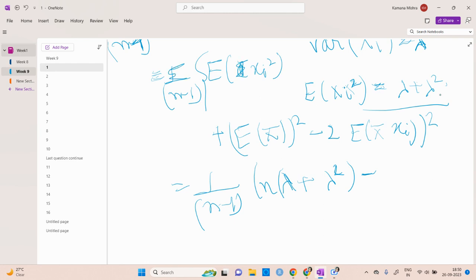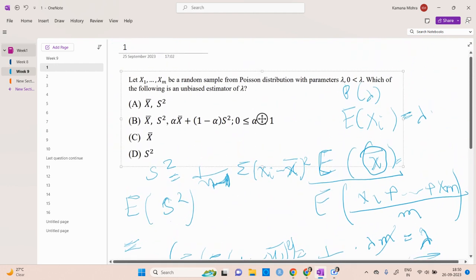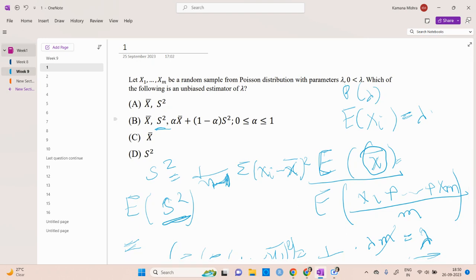So lambda square will cancel out, and something like that. I don't remember exactly the proof of this, but this comes as lambda. So this is also the unbiased estimator of lambda.